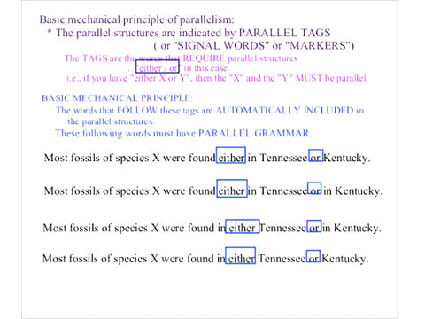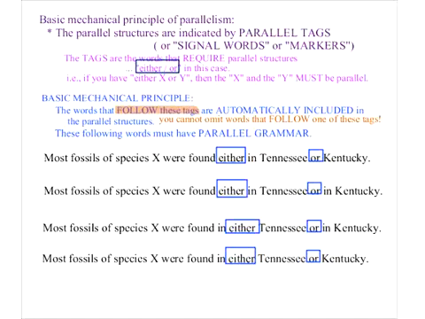The basic principle is the words that follow these tags are automatically included in the parallel structures. You are not allowed to omit any of those words from the parallel structure. You cannot omit words that follow one of these tags. They're all counted as part of the parallel structure, and this is what helps you differentiate.